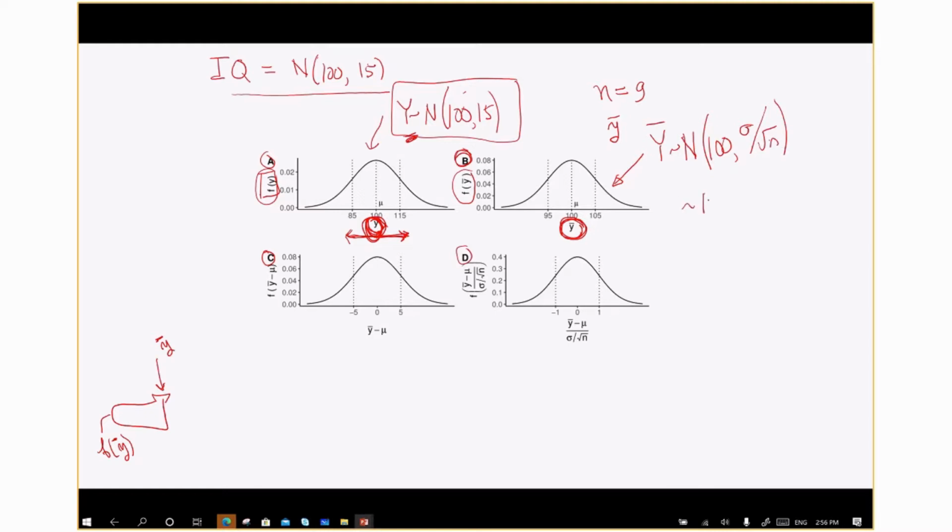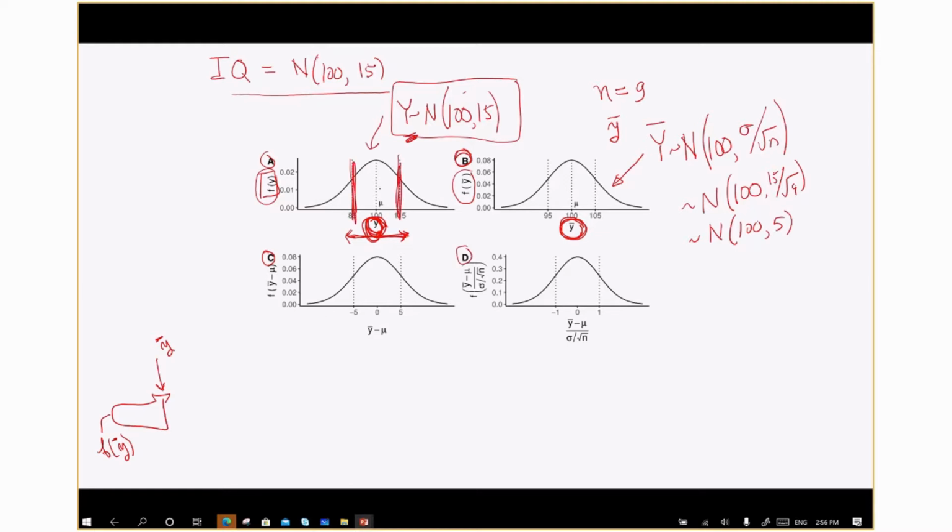and in this case that means it's going to be normally distributed with mean 100 and standard deviation 15 divided by the square root of 9, in other words, a standard deviation equal to 5. And these vertical lines here are meant to represent the standard deviation.